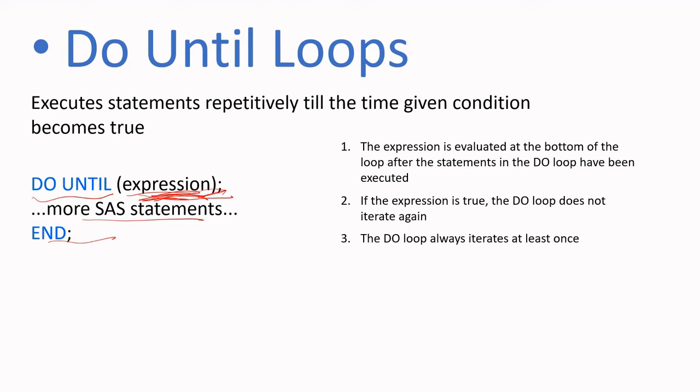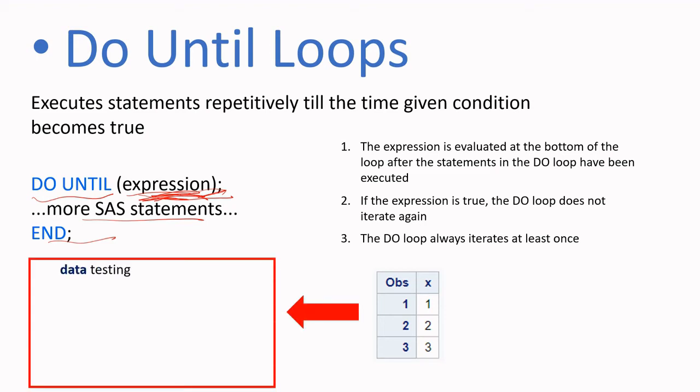Now let's take an example where we have to create a table with a counter variable x which should contain the values 1, 2 and 3. For that we're going to write this kind of syntax: data testing and x. This x is a dummy variable which would initially contain the value 1. Then your do until statement will come over here.